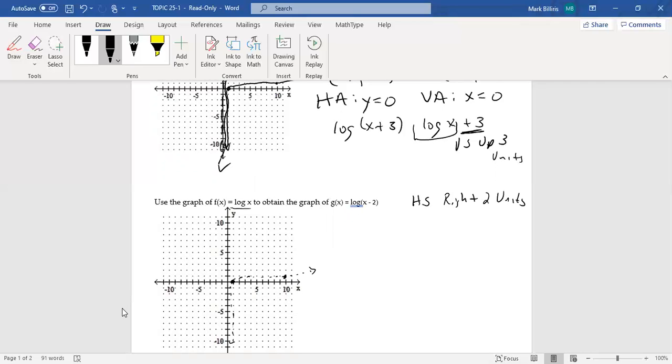That means our vertical asymptote, which is our y-axis at this point, is going to move over 2 places to the right. So our graph doesn't go through the point (1, 0), it'll go through the point (3, 0). It won't go through the point (10, 1), it will go through the point (12, 1). So you notice our entire graph just shifts 2 units to the right.